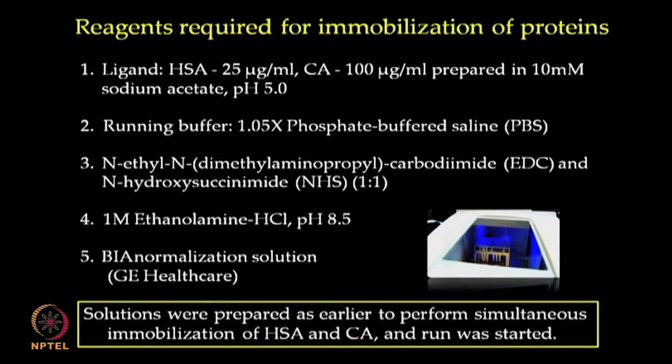After preparation of these samples and reagents, we transfer the sample tubes to the appropriate rack and start the run as shown for beta-2 microglobulin immobilization in earlier lectures. We will hence move forward to discuss the immobilization results obtained from this run.